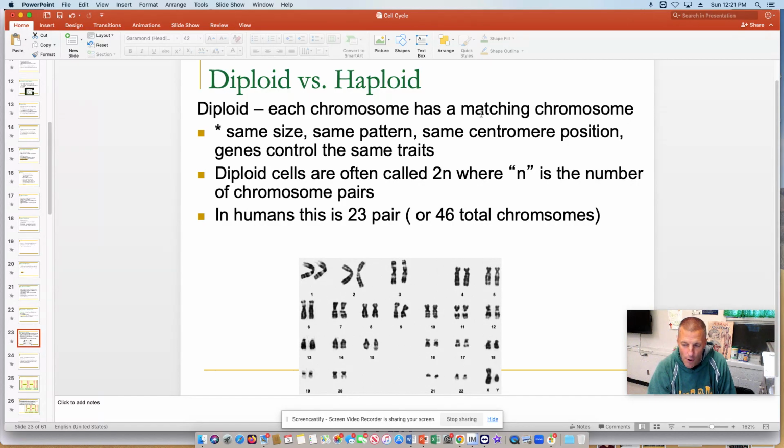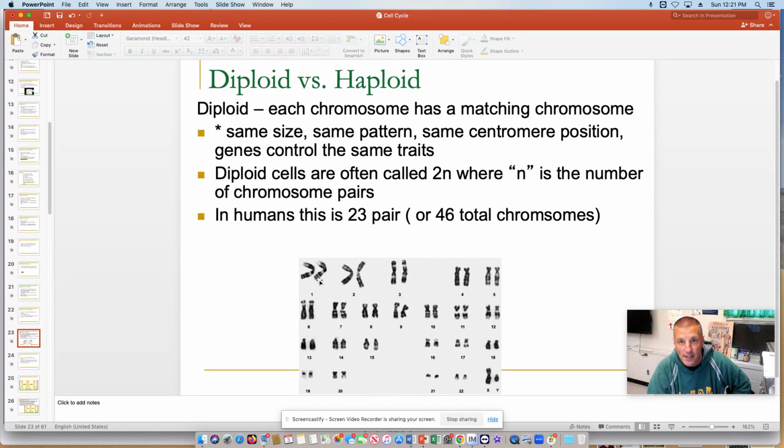The critical part of this that you need to understand right now is, as an example, this child got this chromosome from mom, and they got this chromosome from dad. And let's say that this chromosome carries eye color, hair color, and blood type.